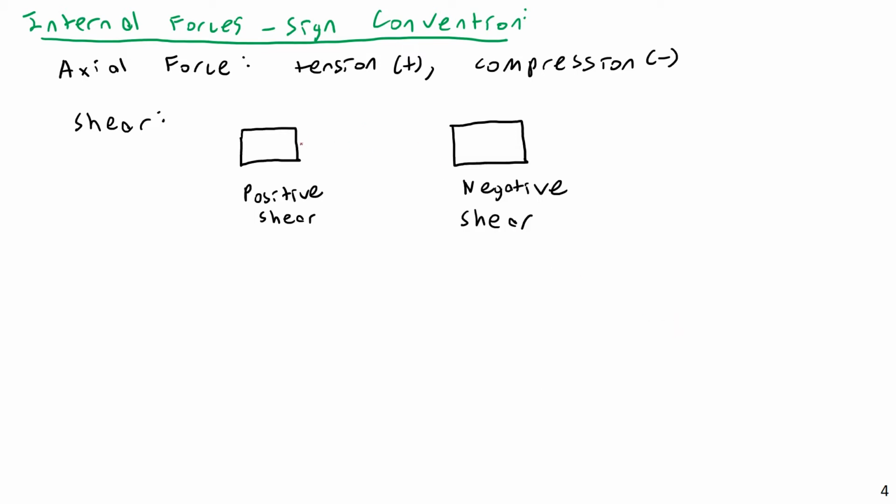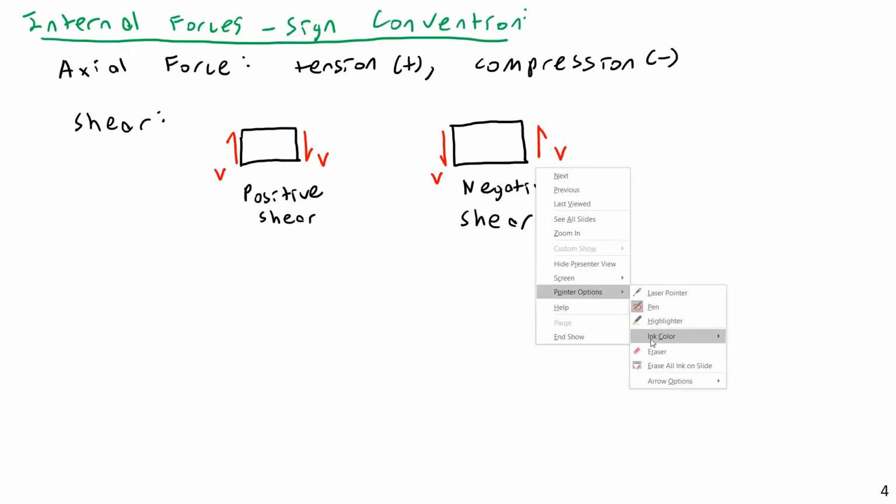So for positive shear, for example, you're going to have something like this: a downward shear arrow on the right and an upward shear arrow on the left. And in negative shear, you're going to have the opposite. You're going to have a downward shear arrow on the left and an upward shear arrow on the right. This is the state that produces positive shear.